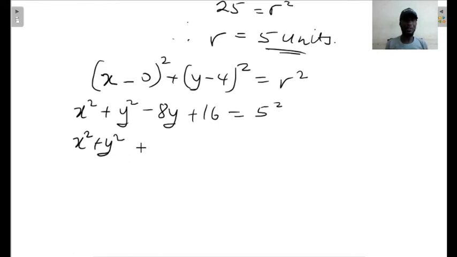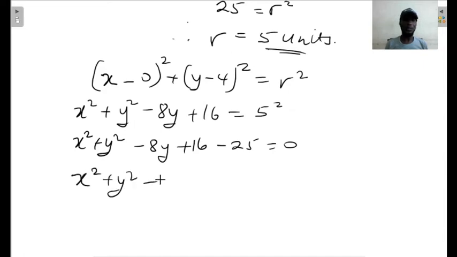Simplifying further, we are going to have x squared plus y squared minus 8y plus 16 minus 25 equals 0. And this becomes x squared plus y squared minus 8y minus 9 equals 0. And this is the required equation we are looking for.